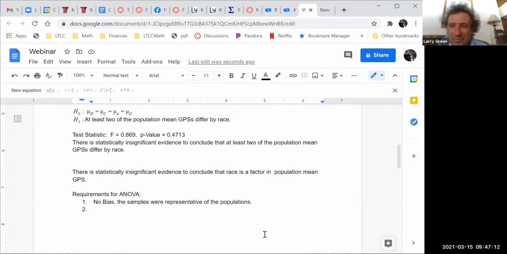Okay, does that make sense? So you're going to want to make sure that you have a good representation. Okay, so no bias. Okay, and then the next one that you're used to is that you have a normal distribution, and I'm going to write all the sampling distributions are normal.